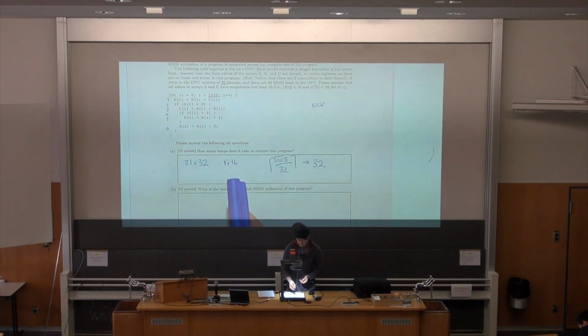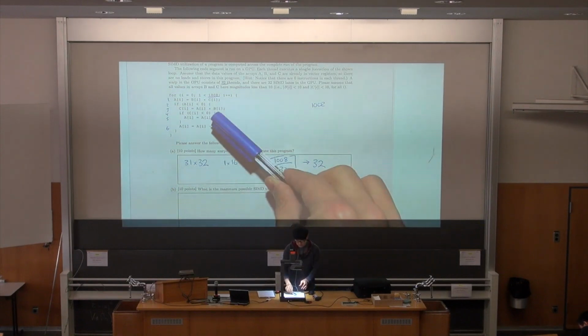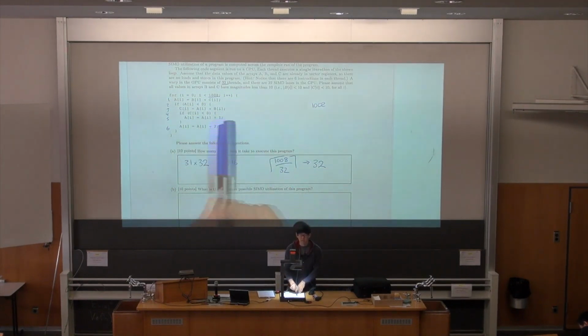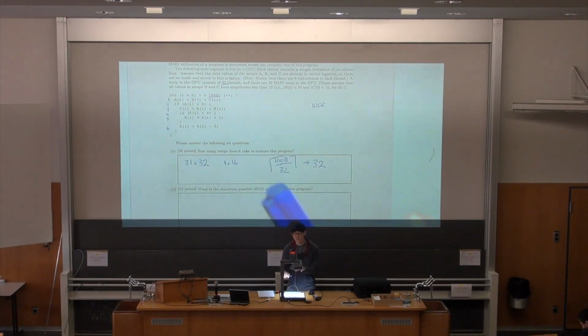For the maximum utilization case, we assume that we have no branch divergence, which means that every thread is running the same instruction. If you do have branch divergence, some of your threads in your warp might not be executing because you're on an instruction that doesn't necessarily need to be run by that particular thread in the warp. That happens when at least one of your threads per warp needs to execute an instruction. This is just to guarantee that every thread per warp is on the same instruction.